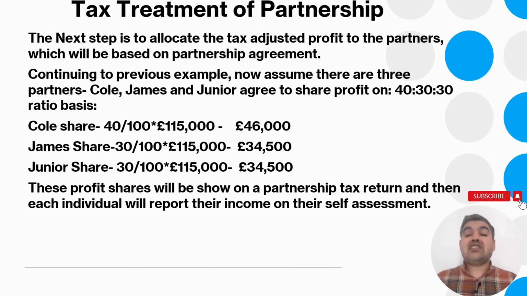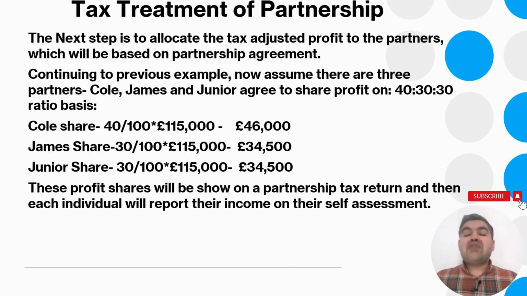So we will tell HMRC that Cole received £46,000 income, so Cole must declare that income on his self-assessment. James received 30 divided by 100 multiplied by 115,000, so James received 34,500. Junior received 30 divided by 100 multiplied by 115,000. Remember the tax adjusted profit was 115,000.